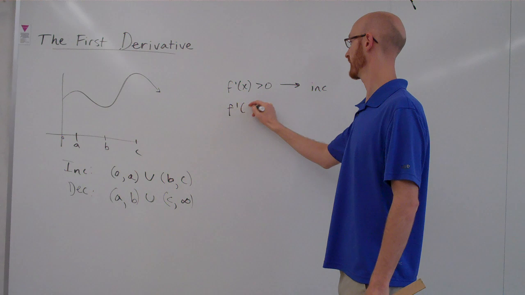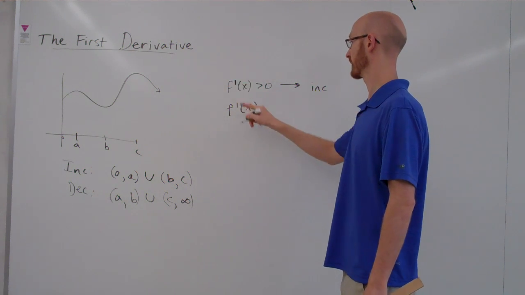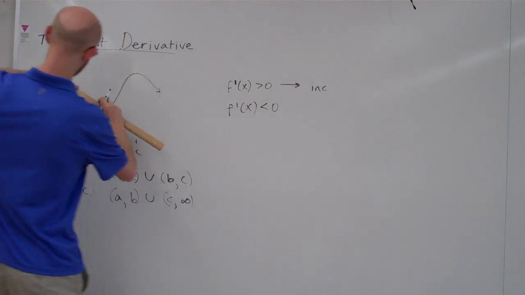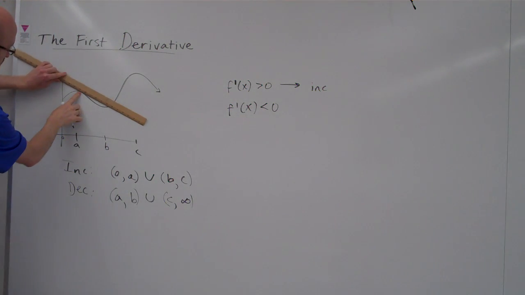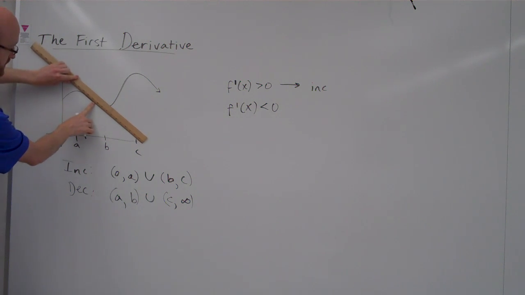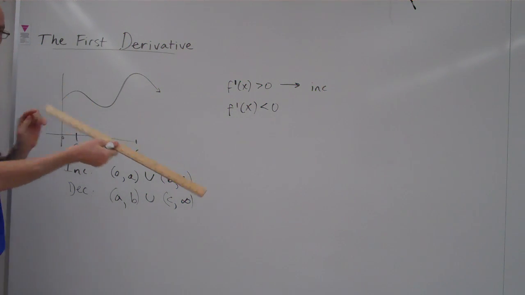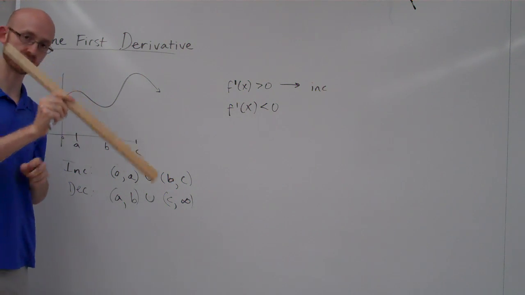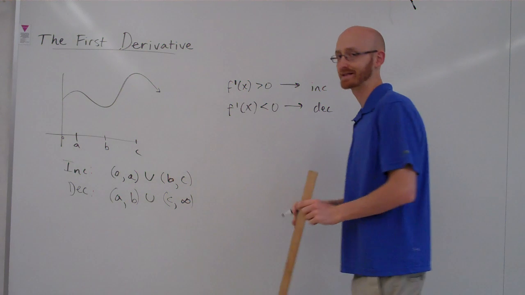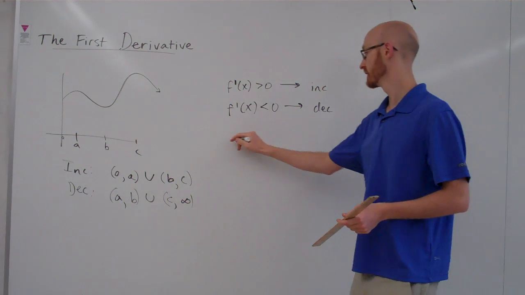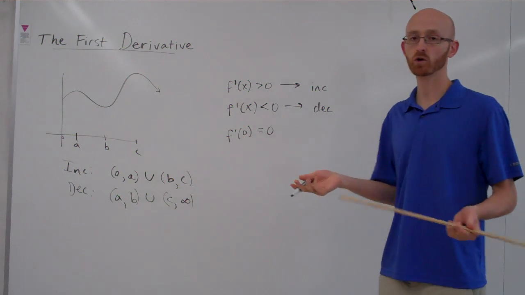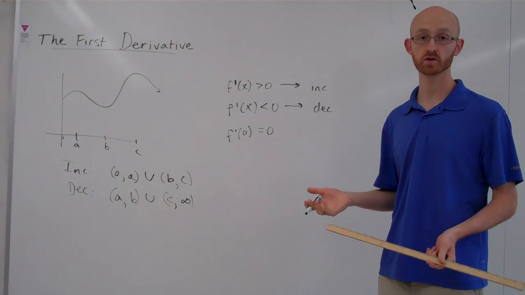If f prime of x, I hope that prime was big enough for you to see, is less than 0, well, let's test a couple values, like there. All of this is decreasing, and in all cases, my ruler was pointing downhill. So that's going to indicate decreasing. And then if f prime is equal to 0, then we're going to, at this point, say it's neither increasing nor decreasing.